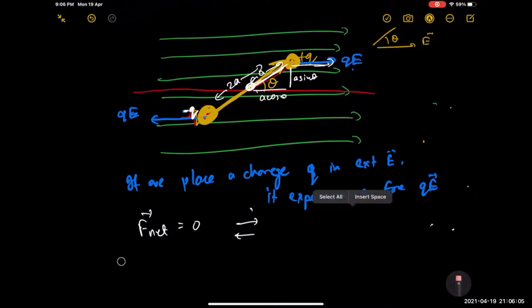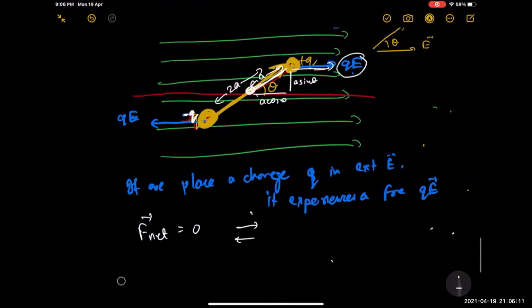The QE force on the positive charge is trying to rotate the dipole in a clockwise fashion, and the force on the negative charge is also trying to rotate the dipole in a clockwise fashion.